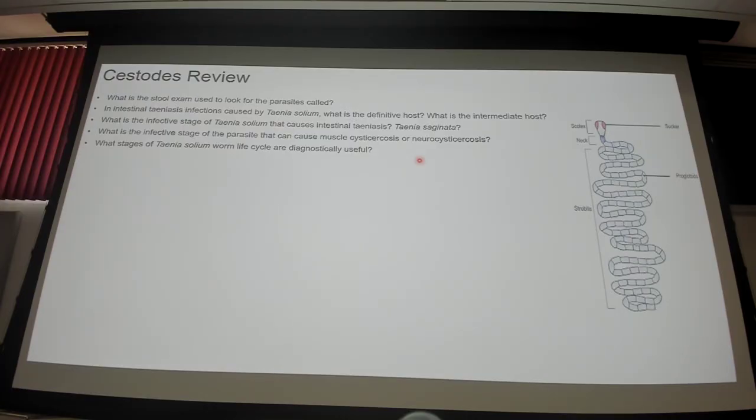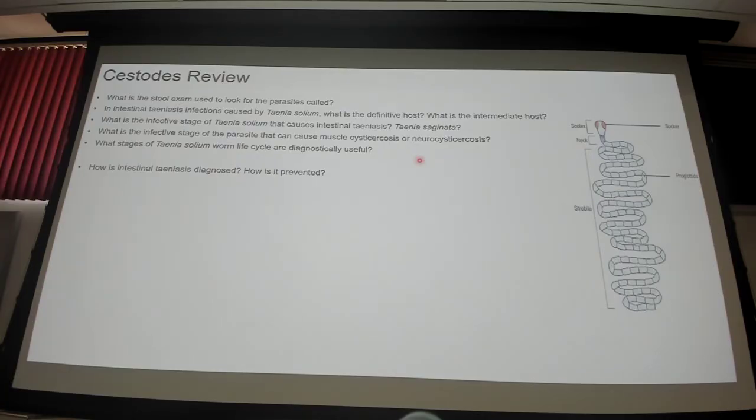I mean, maybe a little bit, but what can't you differentiate from? It looks the same as the other tapeworm we talked about that's similar, right? The Taenia, the beef tapeworm, saginata. So you might be able to say that's a Taenia species, but you can't tell if it's solium or saginata from those eggs. Proglottids you absolutely can.